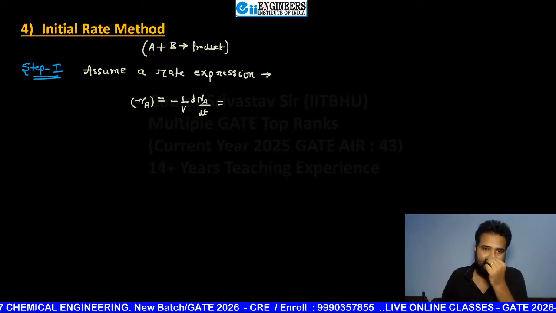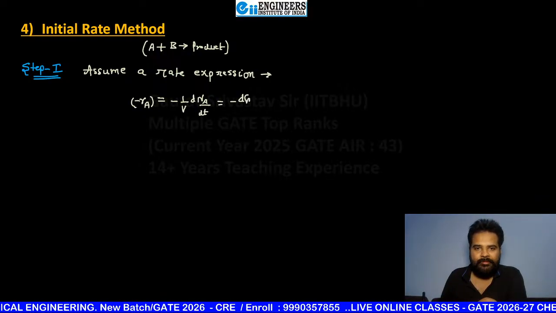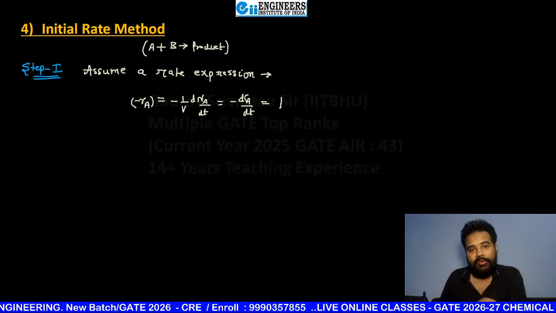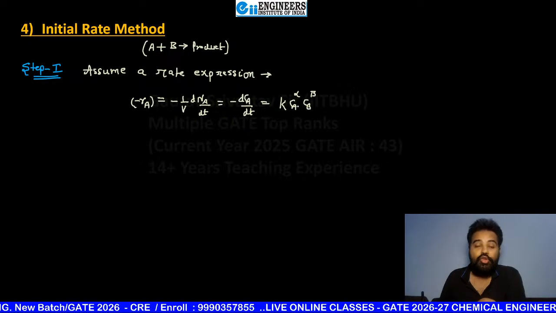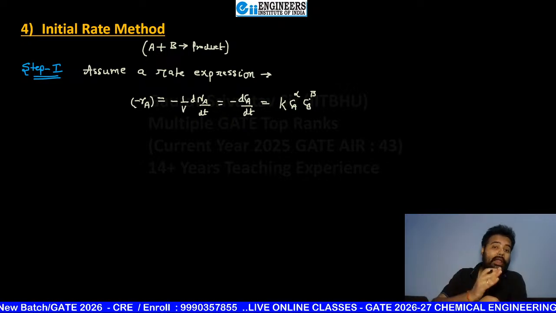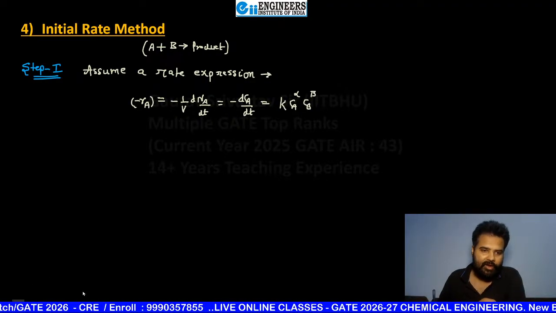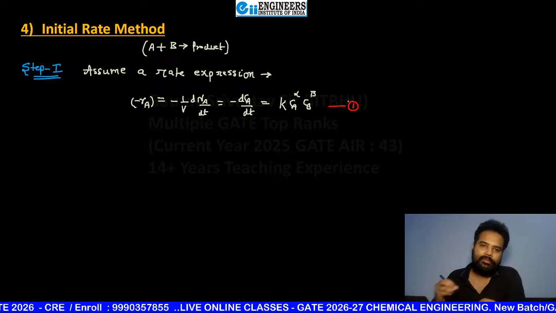Suppose epsilon A is 0. So you can write minus dCA by dt equals k CA raised to power alpha CB raised to power beta. Now you have to find the values of alpha and beta. This is your beautiful equation number 1.